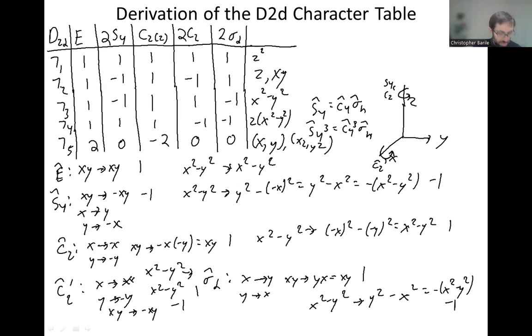All we have to do is come up with the Mulliken symbols now, the most rewarding part because you've done all the hard work. And you just have to follow these simple rules. Give it a value of e if you're a dimensionality of 2. That means the character underneath identity. These e's are different. This is the Mulliken symbol e referring to this 2, 0, negative 2, 0, 0 vector. This is the identity class, right?